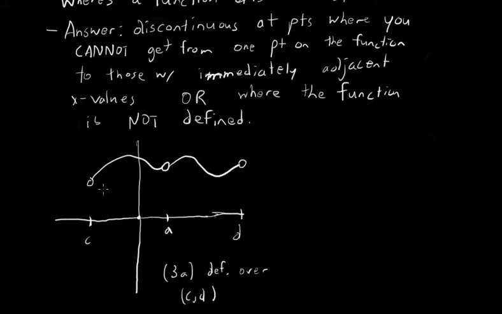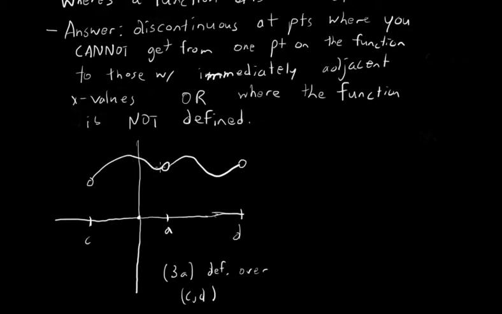So now we're looking at a function. We'll call it function 3a, that's defined in the open interval c to d. And let's say we start here, we can get to points on the function with immediately adjacent x values without having to lift our pencil off the paper.